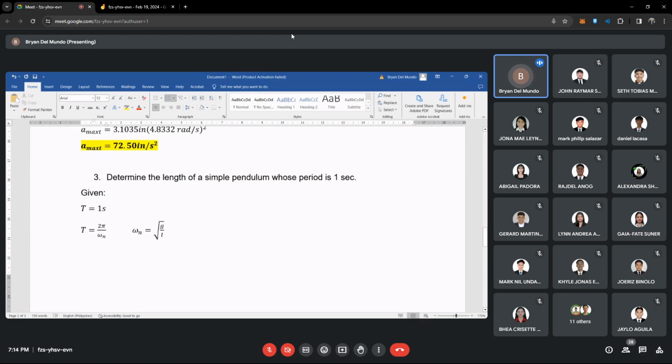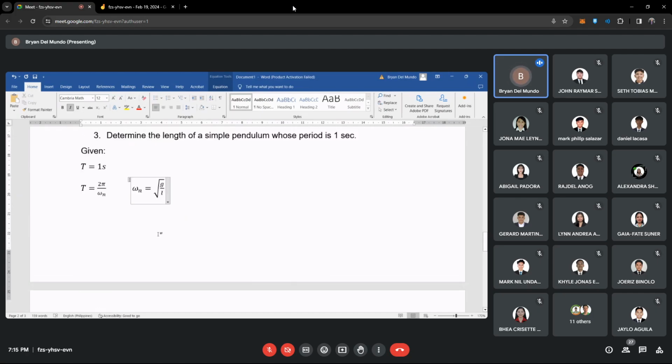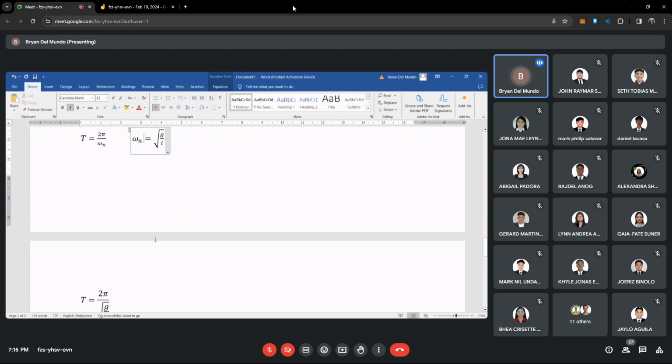So, for our problem number 3, determine the length of a simple pendulum whose period is 1 second. We have here our given period is equivalent to 1 second. Using our formula, T is equal to 2 pi over omega n, and omega n is the square root of g over L for a simple pendulum.